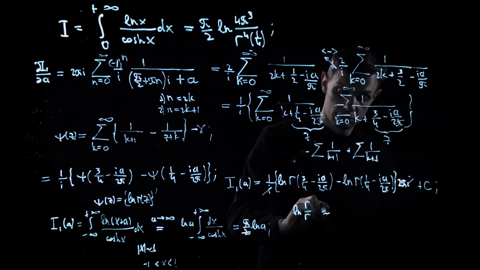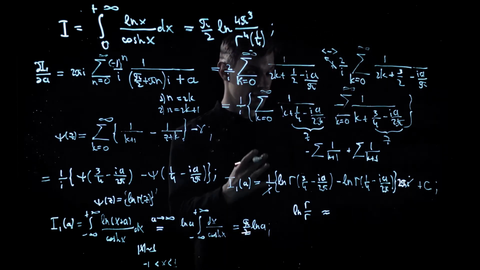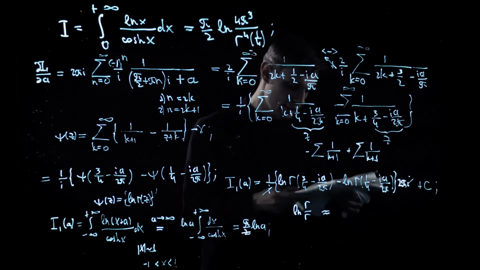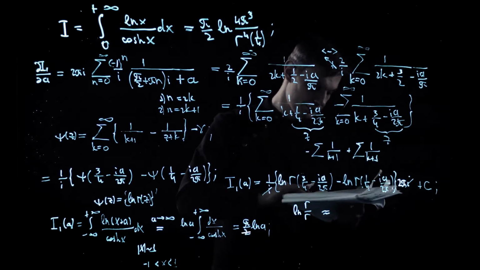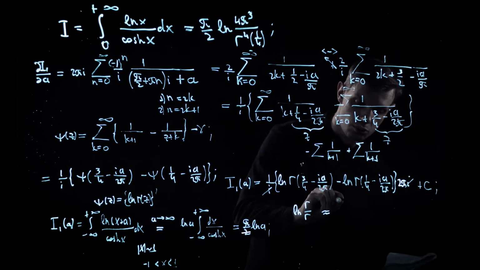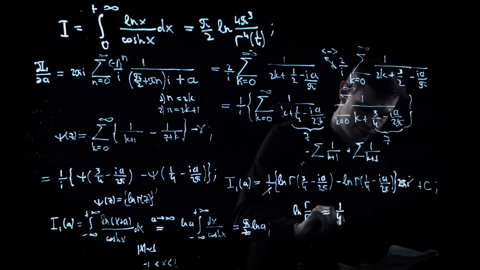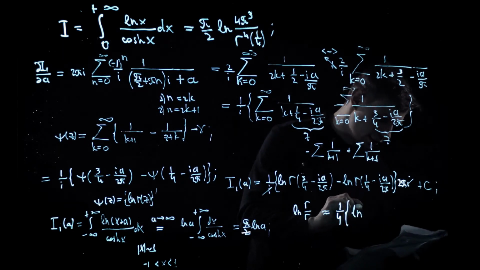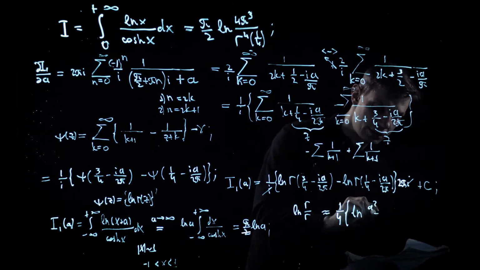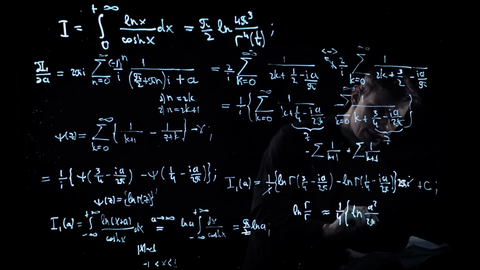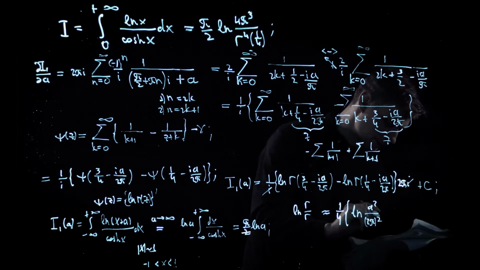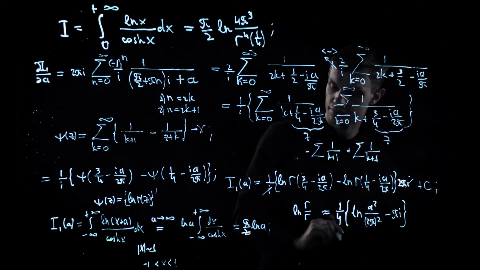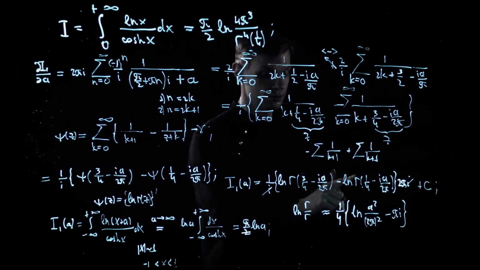You can check it yourself, but I'll just give you the answer for this difference for large a, just trivial algebra. The answer is 1/4 times the logarithm of a squared over 2 pi squared minus pi i. So that's the difference of these 2 logs.